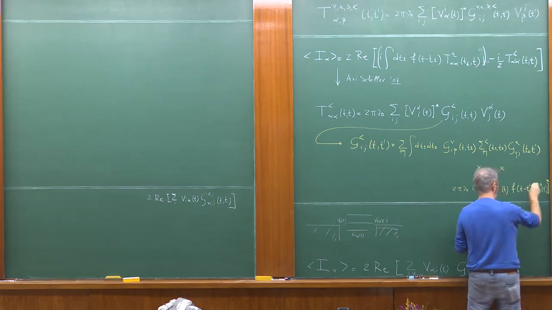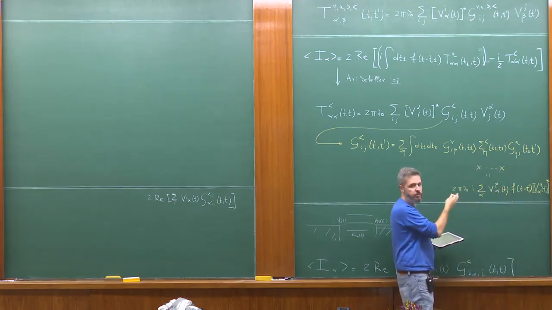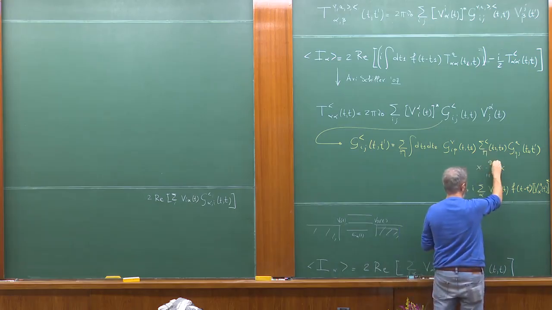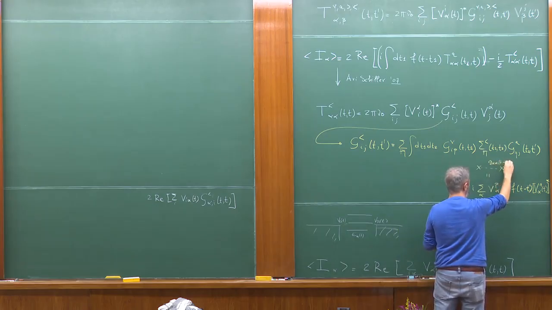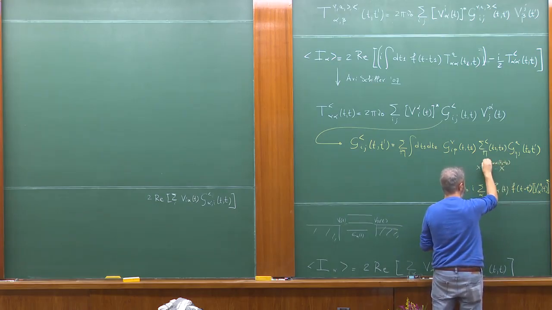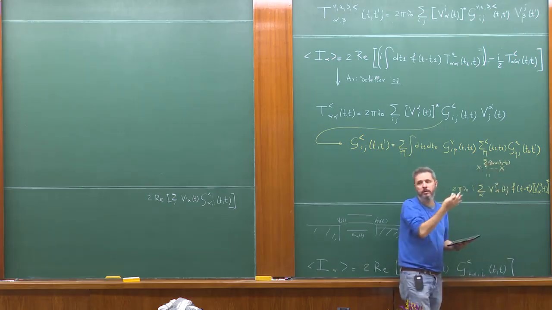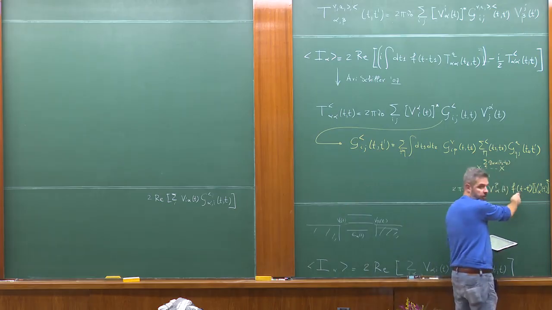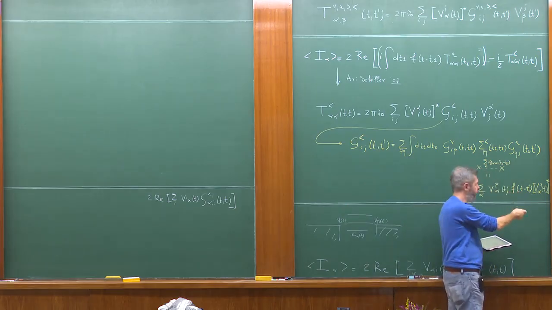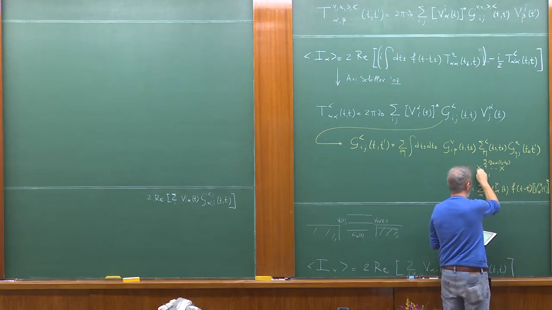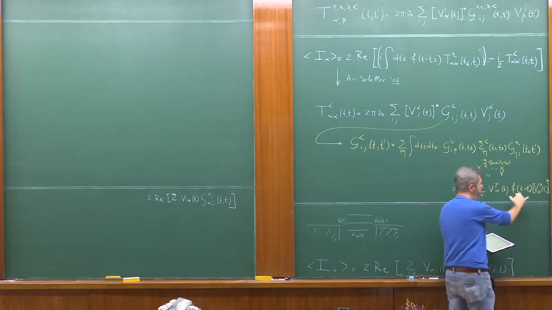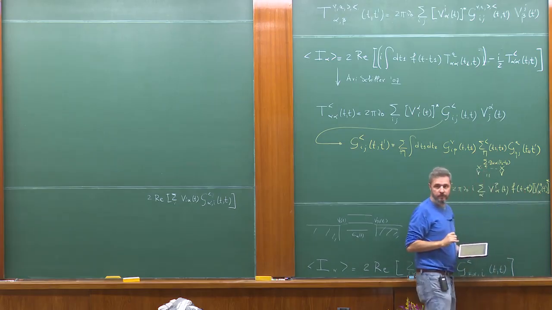Now, of course, it's not automatic, right? Here this is a lesser component, so you're going to get a g lesser k alpha t minus t1, t1 minus t2, summed over k. But we already performed this sum a minute ago, and we get the Fourier transform of the Fermi function, which has to be multiplied by the tunneling vertices on the left and on the right. So that's why you get this expression, okay?